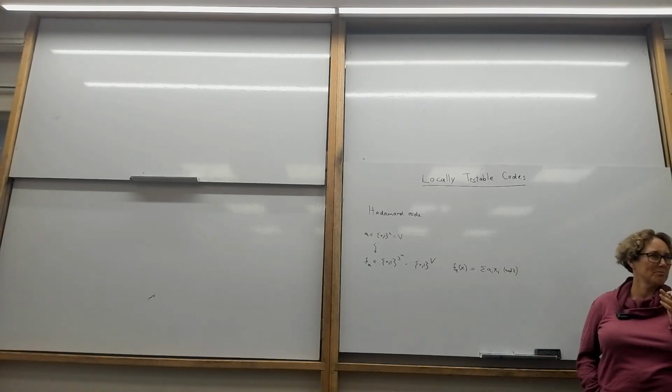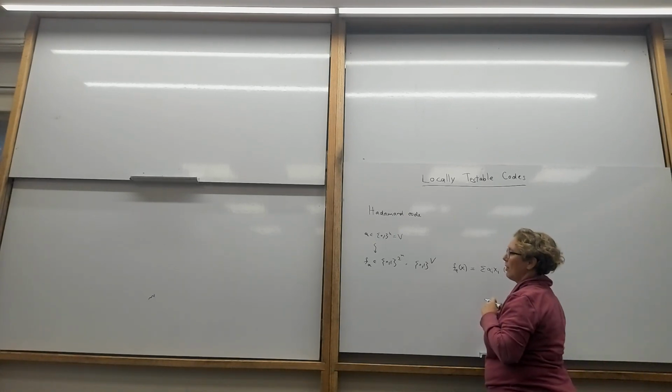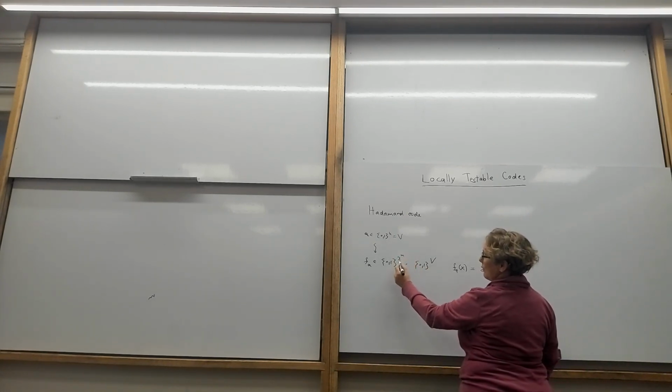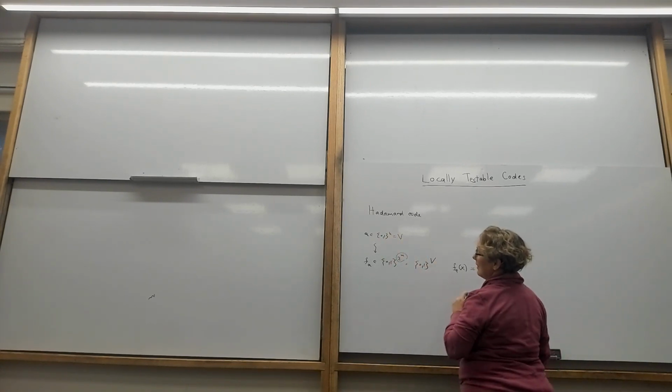Remember this code? And the rate of this code is very small. The length of a code word is 2 to the n, but the dimension is n.